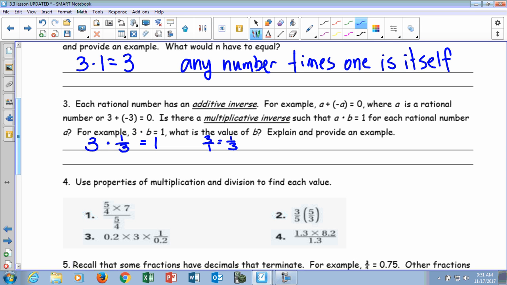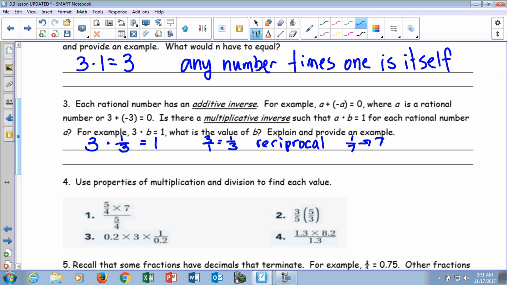This is called a reciprocal. Just like I could take 1/3, and the reciprocal of 1/3 is? Flip it. 3 over 1 or 3, right? What would the reciprocal of 1/7 be? 7. Or 7 over 1. You see how that works?